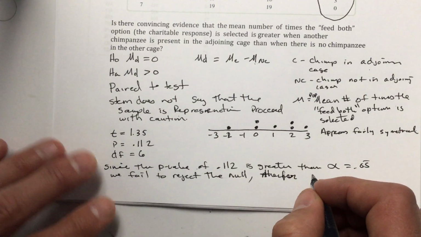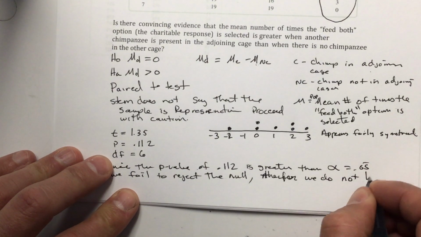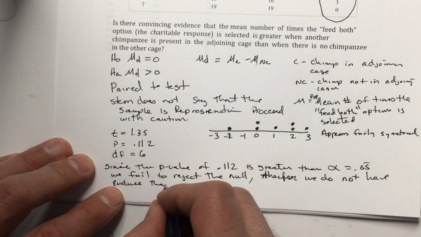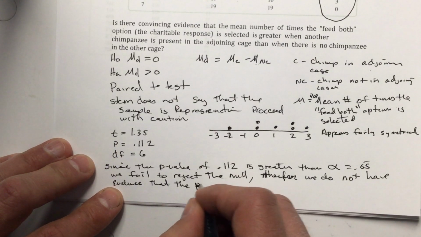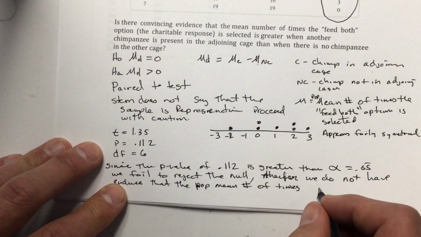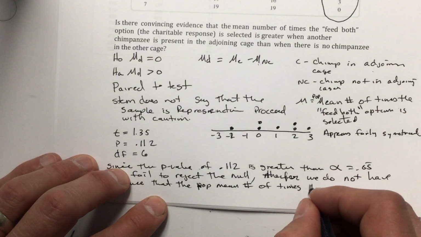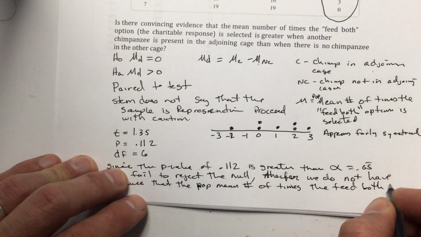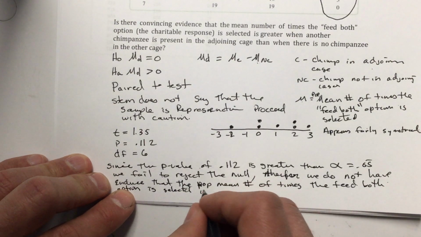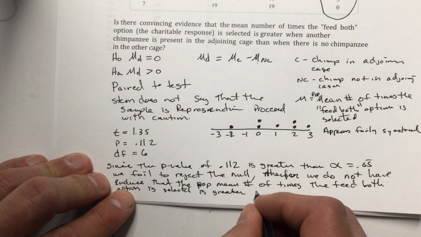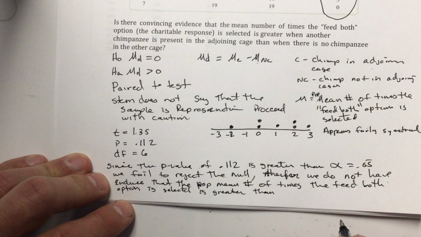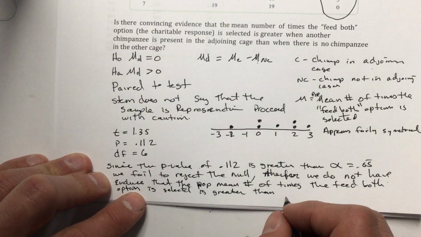Therefore, we do not have evidence that the population, I'll get it this time, population mean number of times the feed both option is selected is greater than, guess whatever it says up here.